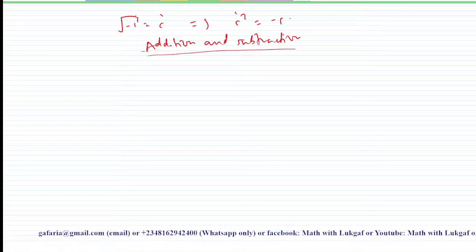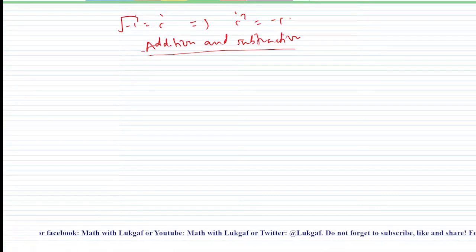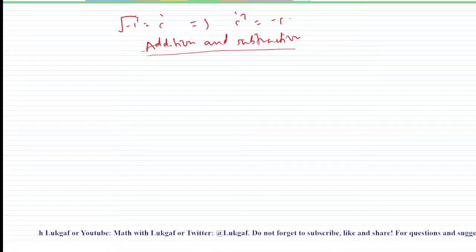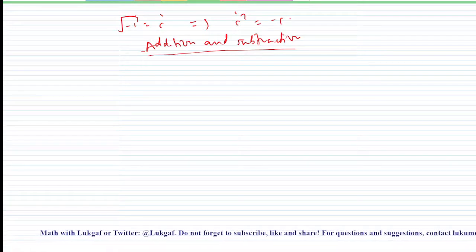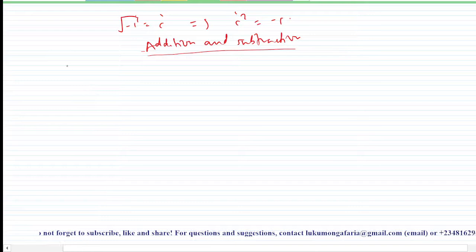When you are performing addition on real numbers, it is very simple. You can just add them together. But for complex numbers, we combine real with real, imaginary with imaginary. Let me give you an example to back it up.